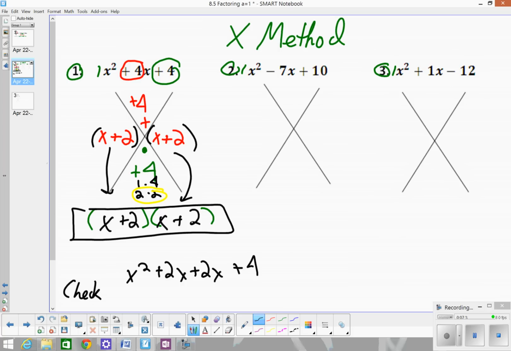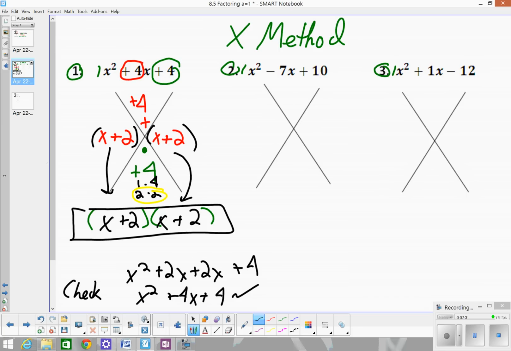Now if you multiply this out, it's going to give you what you started with. So I'm going to have x squared, 2x plus 2x is 4x, plus 4. Is that what I started with? x squared plus 4x plus 4? Yeah, that's exactly what I started with.